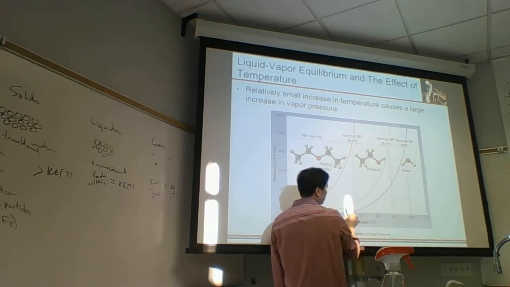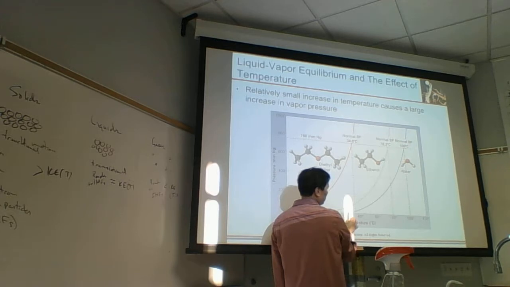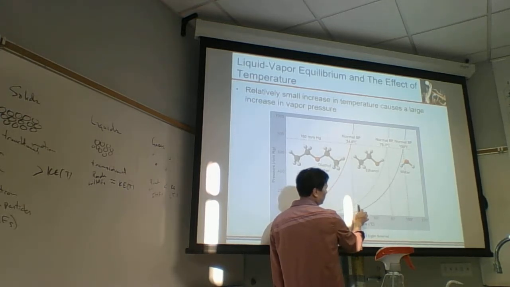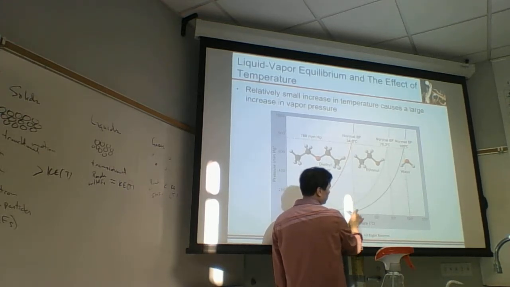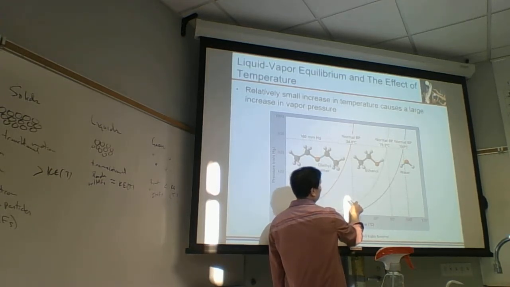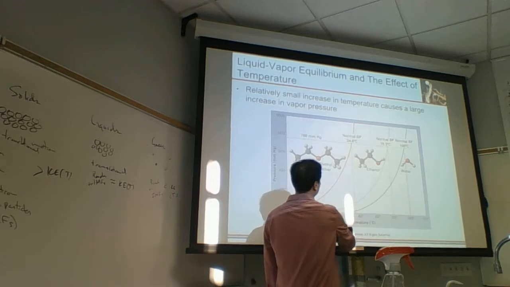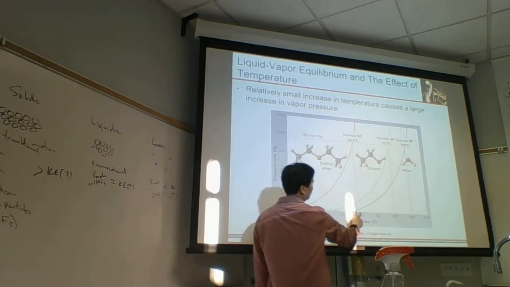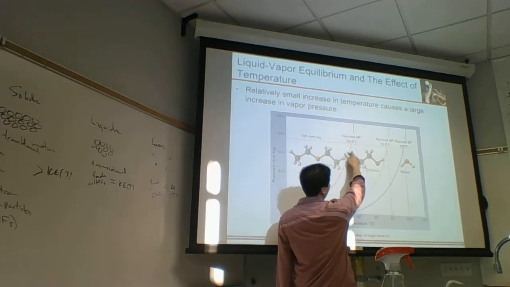Now, is ethanol more volatile or less volatile than water? More. Because look at a temperature like 40 degrees C, there's a lot more ethanol vapor than there is water vapor. And so ethanol is much more volatile. But diethyl ether is way more volatile because at 40 degrees C, there's no more liquid diethyl ether.